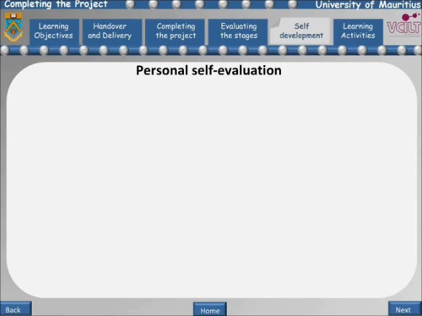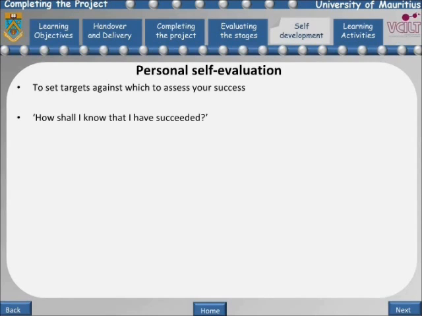Personal development can be evaluated in the same way as other factors. Firstly, you need to set targets against which to assess your success. Ask yourself, how shall I know that I have succeeded, and identify the most significant indicators. As the project proceeds, you can collect evidence relating to your personal achievements, as well as that relating to the project objectives.